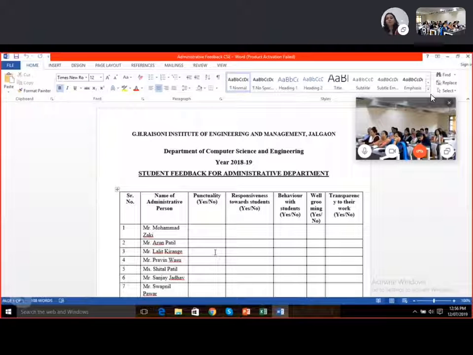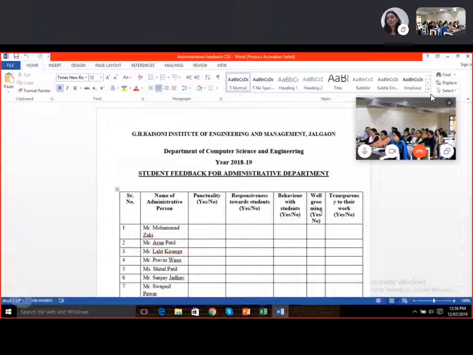So we used to give this feedback for the administrative department, that is the name of the administrative person, the punctuality of him, responsiveness towards students, behavior with the students, whether the person is well groomed or not, and transparency in their work.